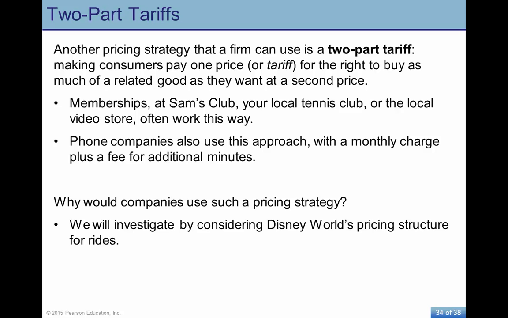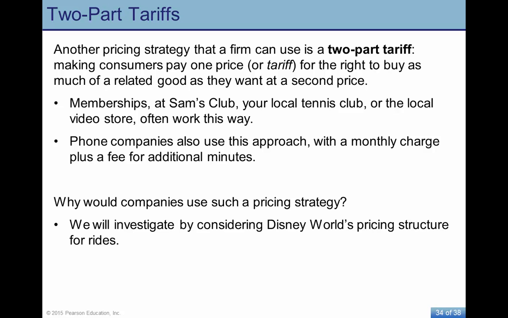Two-part tariffs. Another pricing strategy that a firm can use is a two-part tariff, making consumers pay one price or tariff for the right to buy as much of a related good as they want at a second price.